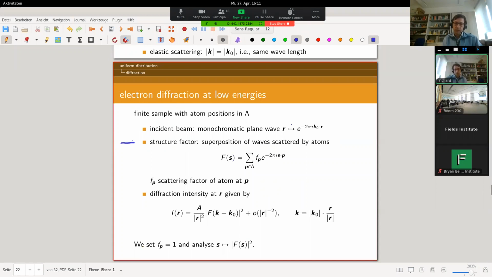So what people then do is they define the so-called structure factor. So you have your finite points at lambda, points inside, and you have scatterer strength of the atoms called an FP, and you then attach the scattered wave, plane wave, to each of the atoms, and this is called structure factor.